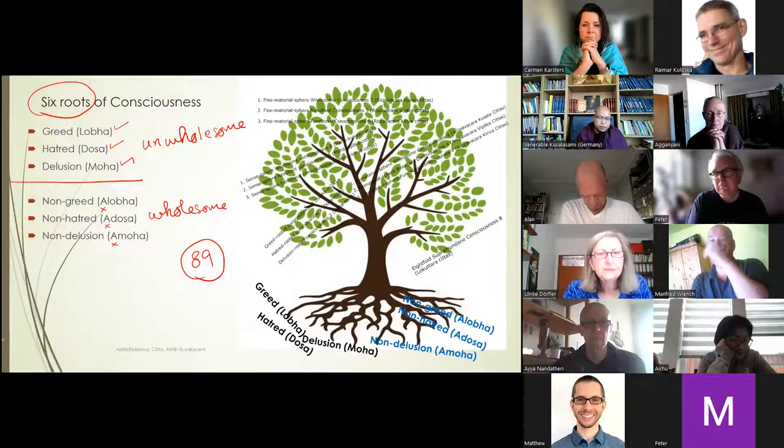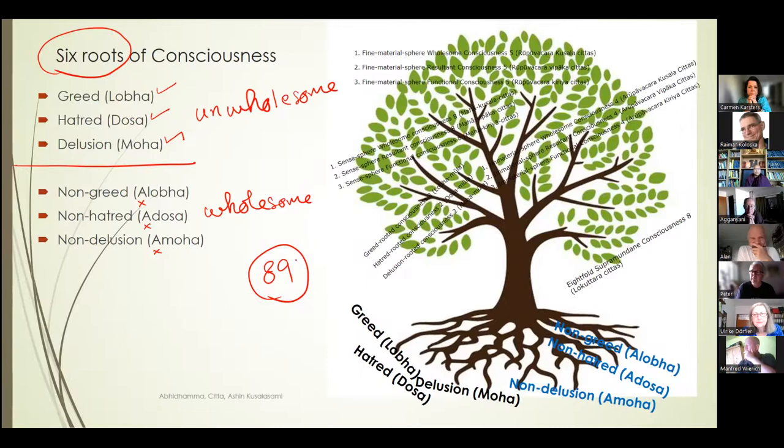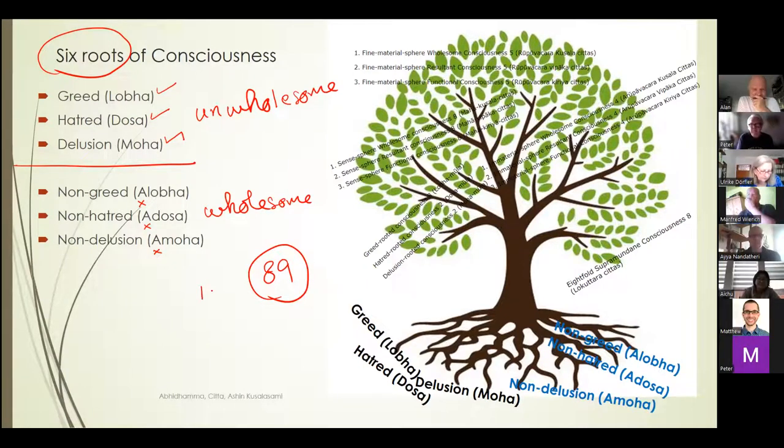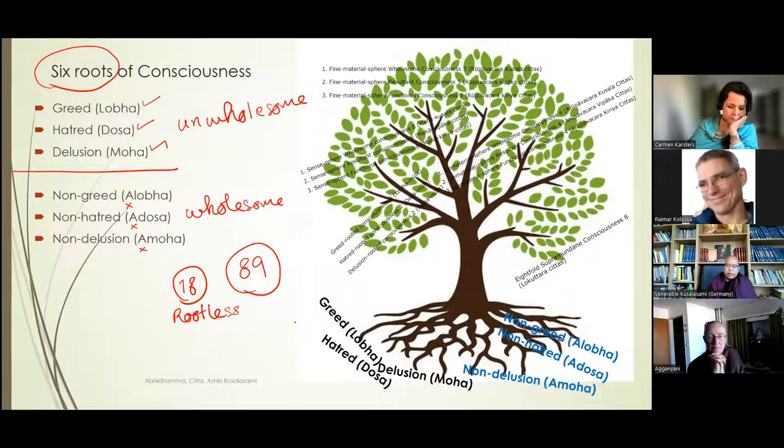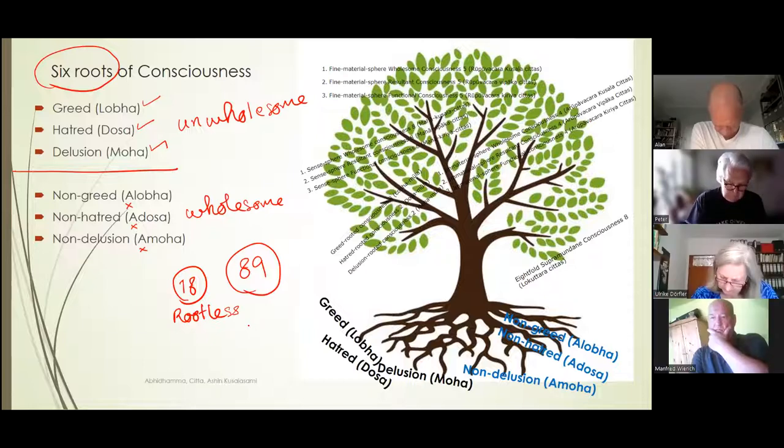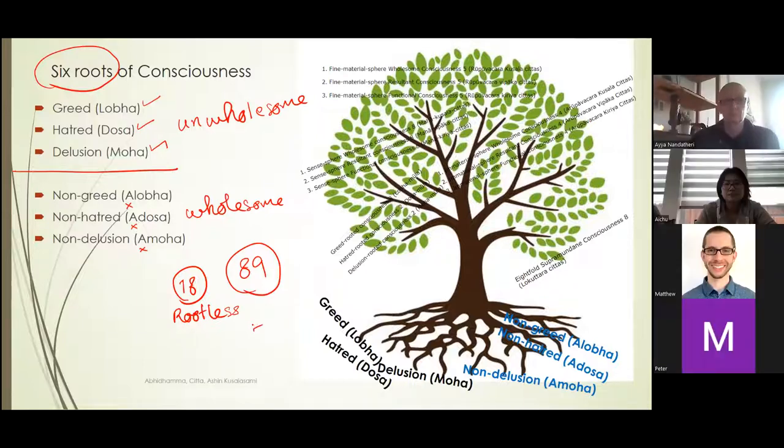Out of these 89, only 18 consciousness are rootless. And the other 71 Chetas are accompanied by these 6 roots.